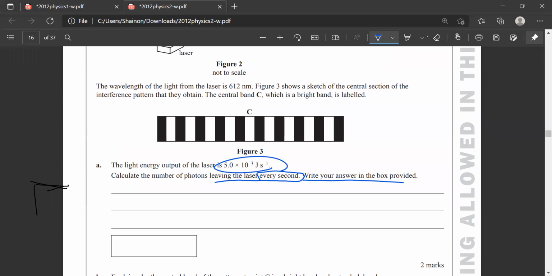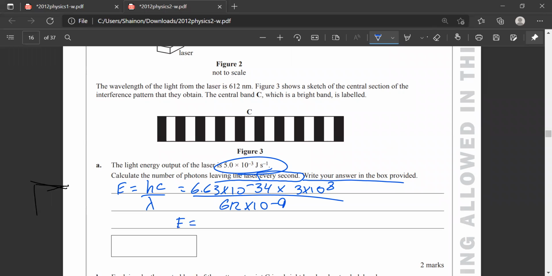We have the energy output per second, so we can find the energy of the photons, which is hc over this equals 6.63 times 10 to the power negative 34 times 3 times 10 to the 8, and then the wavelength is 612 times 10 to the negative 9. E equals 3.25 times 10 to the power negative 19.